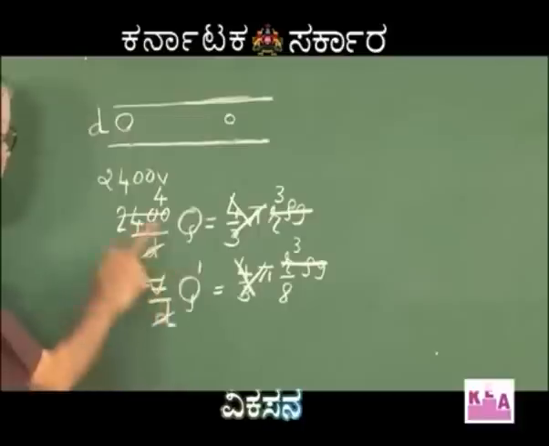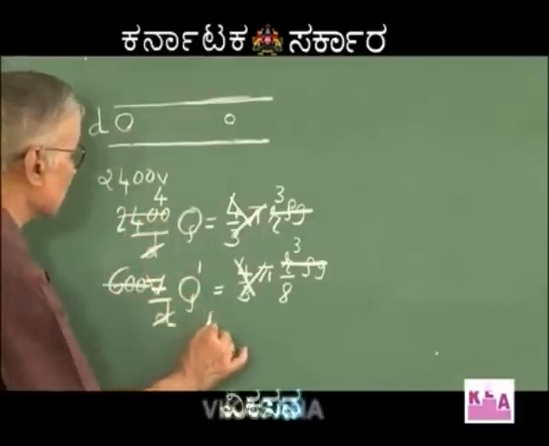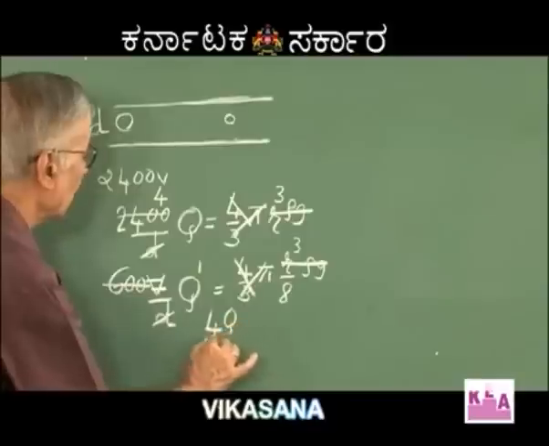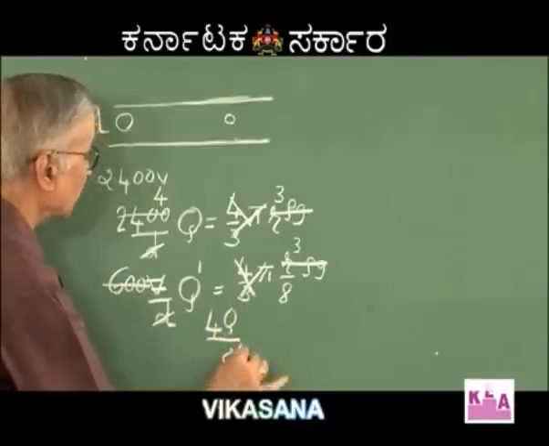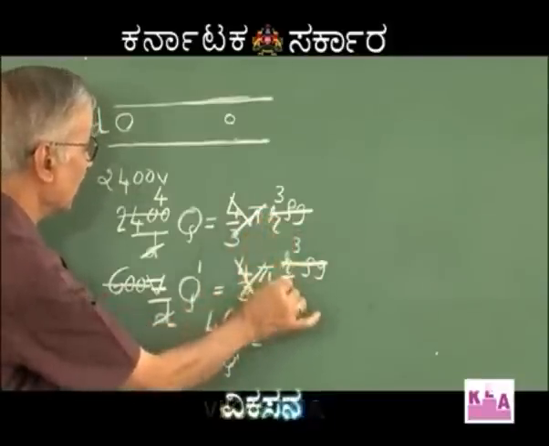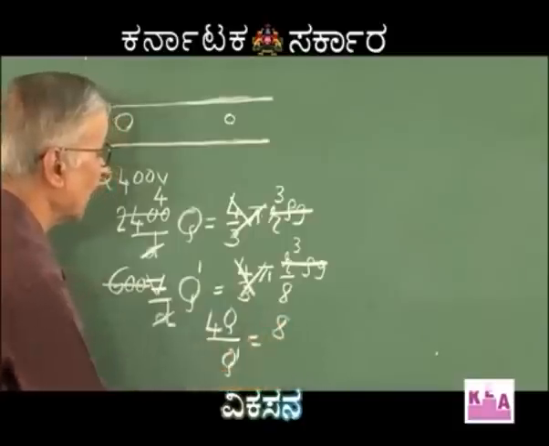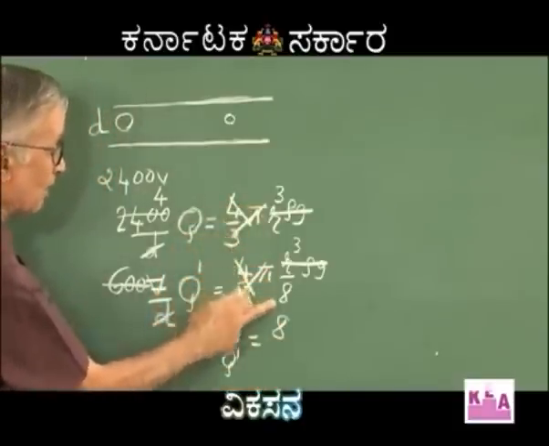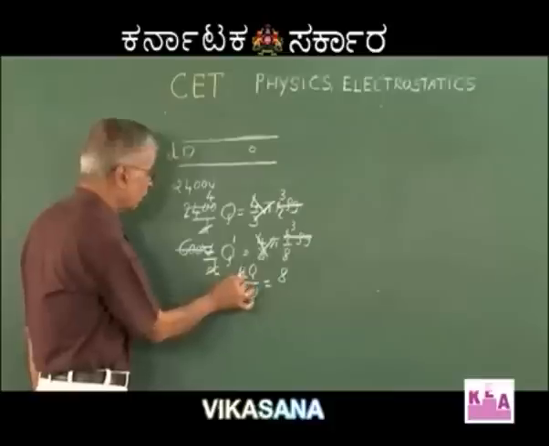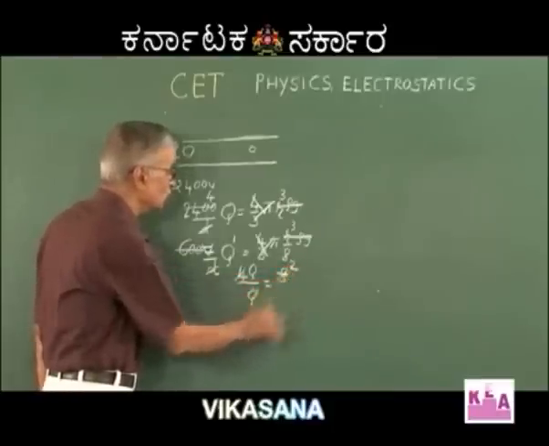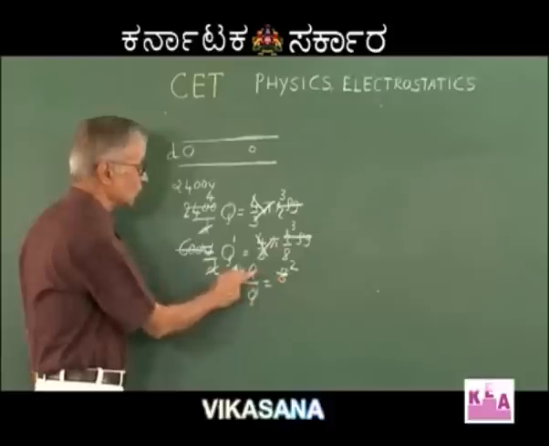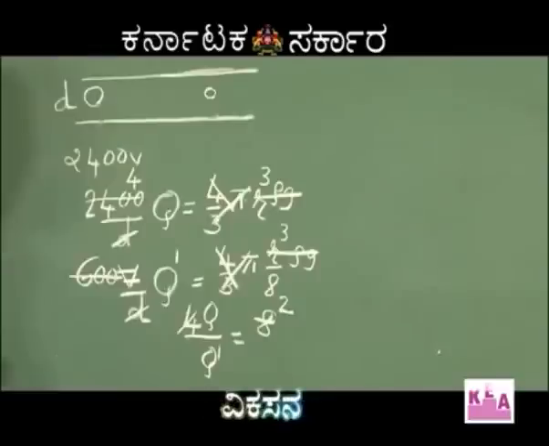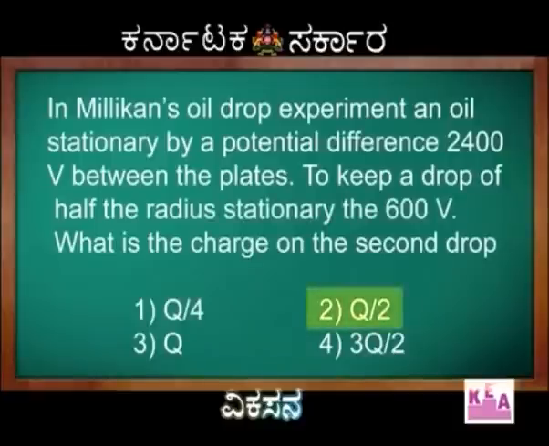On account of that, you can easily notice that 4q divided by q dash is equal to this divided by this, which will give you 8. 1 divided by 1 by 8 will give you 8. 4 will cancel with it, will give you 2. Therefore, q dash is equal to q divided by 2. Hence, second option is the correct answer.